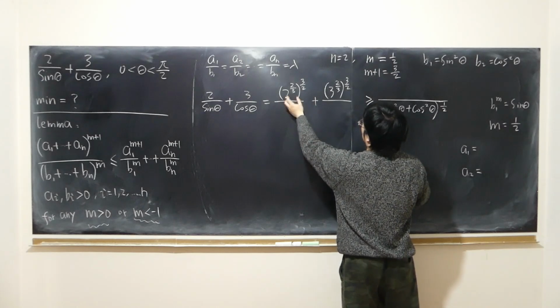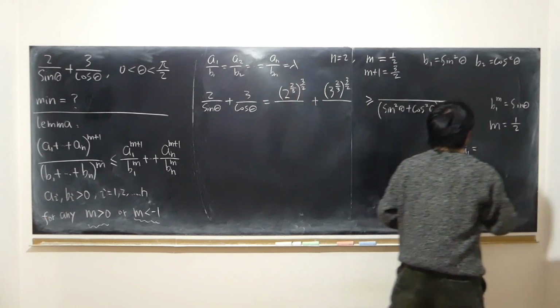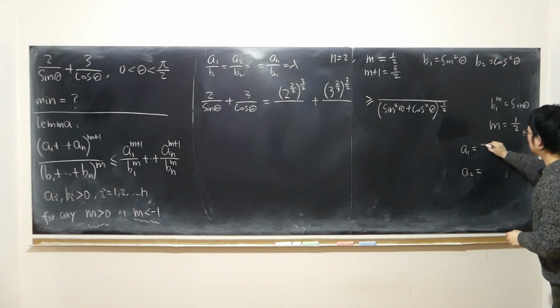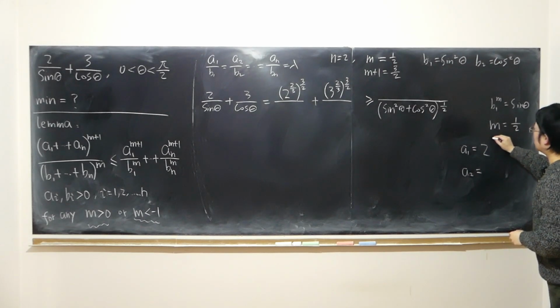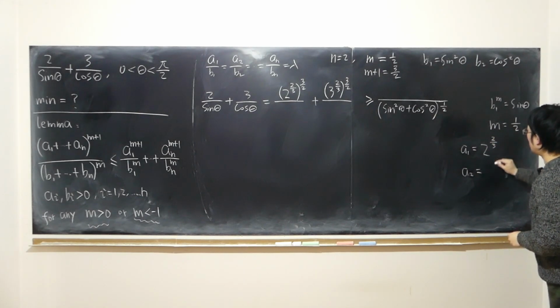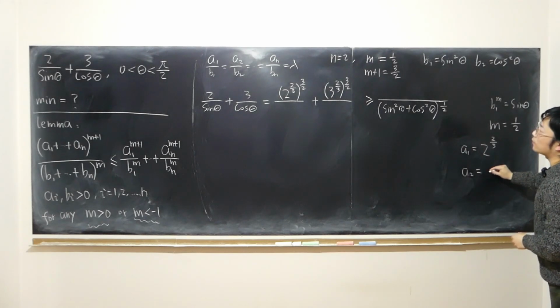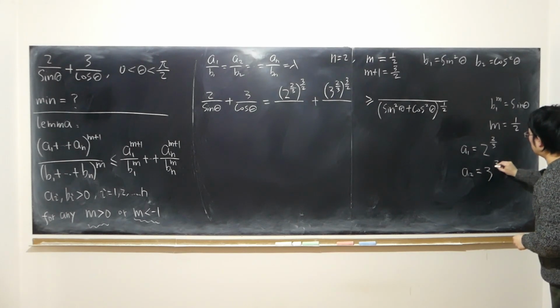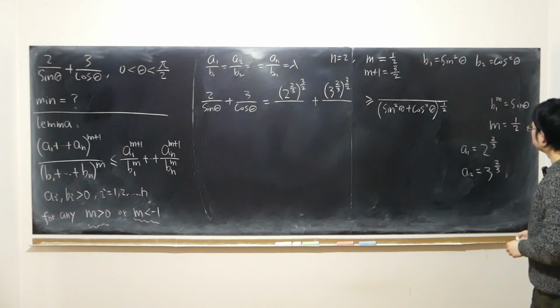So now it's clear. I can treat 2 to the power of 2 over 3 as A1, and for A2 I can use 3 to the power of 2 over 3.